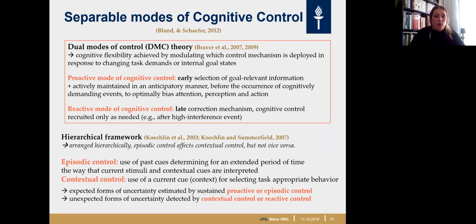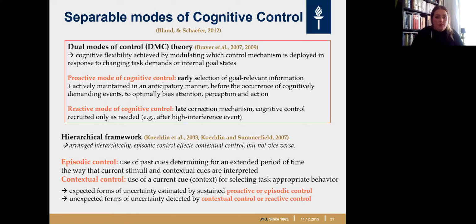The first mode is the proactive mode of cognitive control, and it occurs early, with selection of goal relevant information, and it involves anticipation before the occurrence of cognitively demanding events to optimally bias attention, perception, and action. So in an anticipated manner. Then the reactive mode, which is a late correction mechanism, required only as needed.